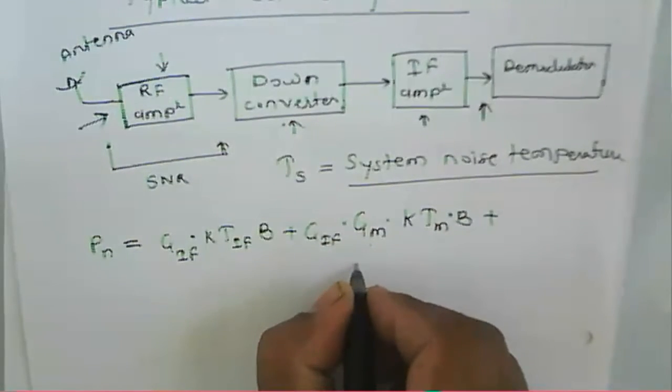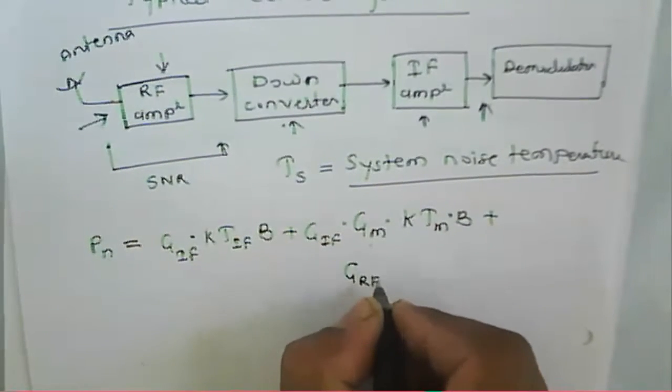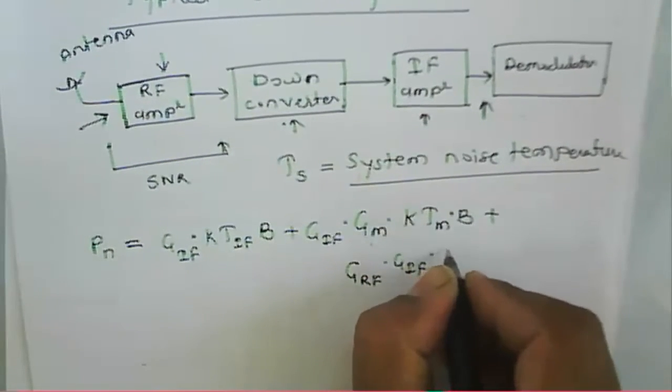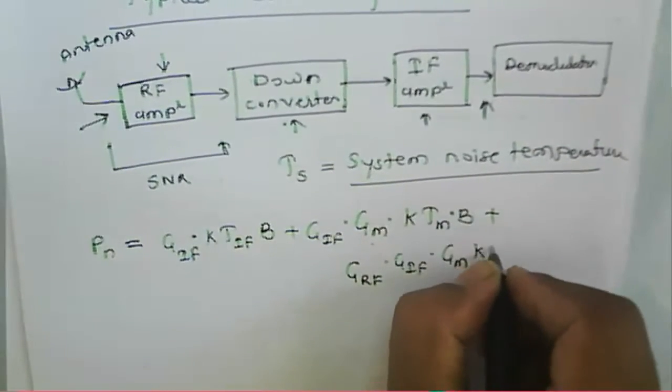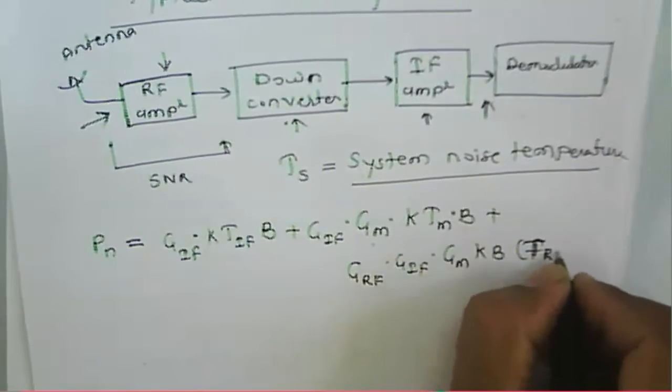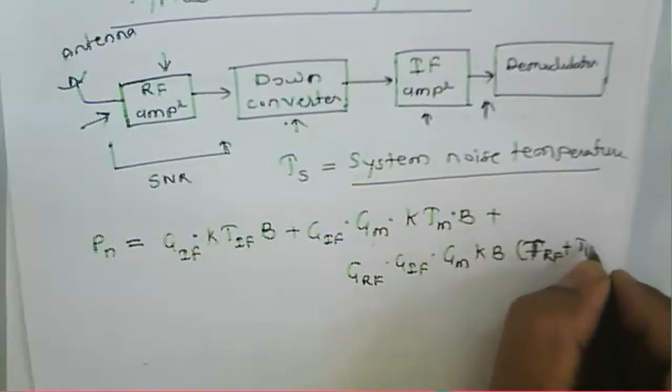Then we have GRF, GIF, GM, then KB with respect to TRF plus TE.